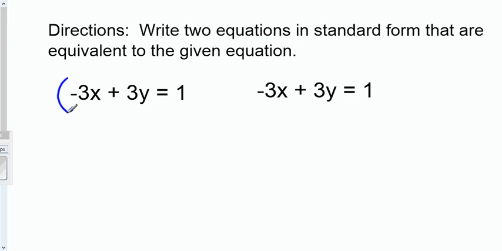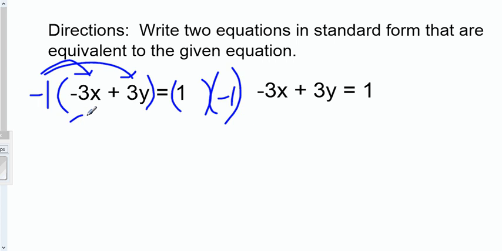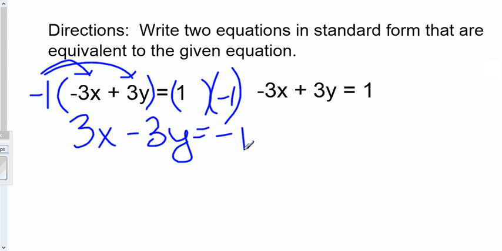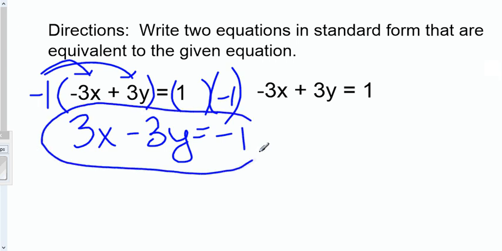I can multiply both sides by -1. If I multiply both sides by -1, then I'm going to have positive 3x minus 3y, or plus negative 3y, equals -1. This is an equivalent equation. And now I've got a positive leading coefficient.